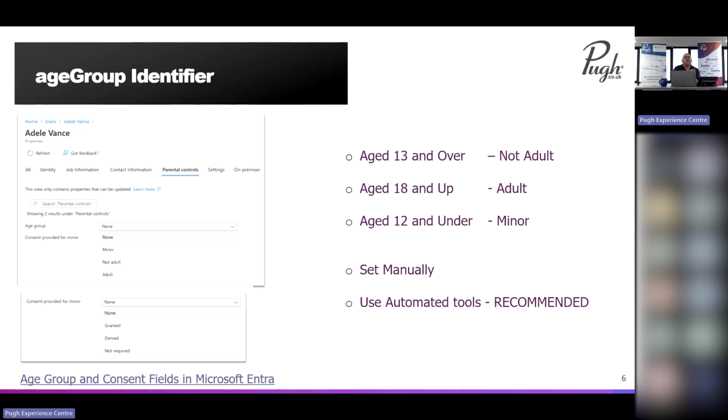First of all, under the age group drop down, you need to set whether they're not adult if they're between the age of 13 and over. If they're below the age of 13, you can set them to be minor. And if you're in higher education, you can set that to adult.